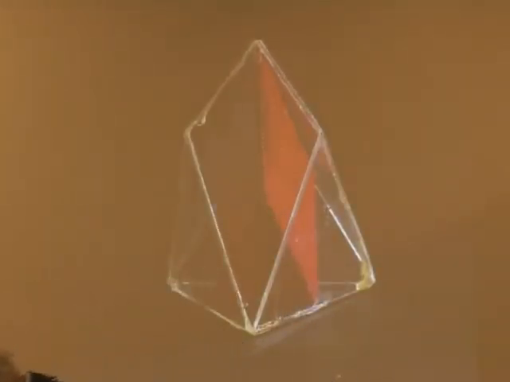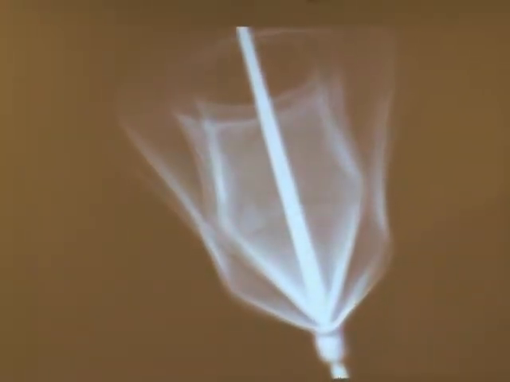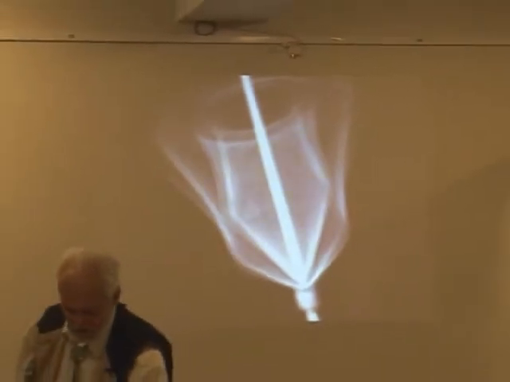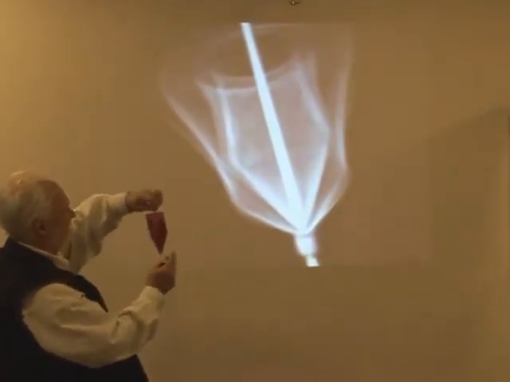So I don't know if I have those handy. I did have them. I was going to show you. Anyway, I found out that this right here, in spinning, looks like this. So this is the inside form. And if I spin it, it looks like that.